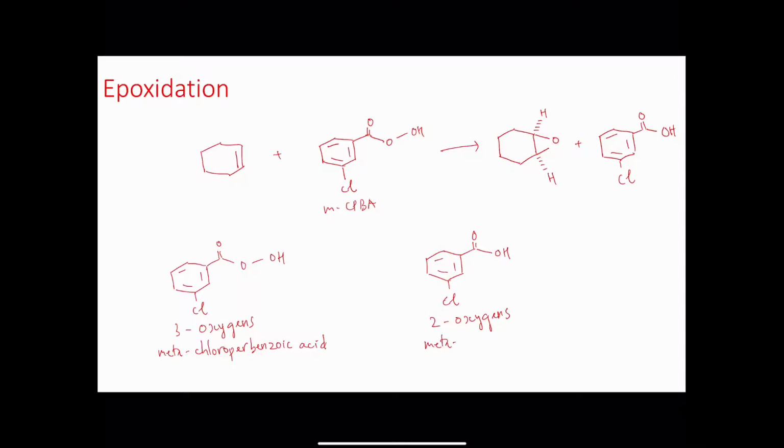So with this structure, we have the carboxylic acid, or in this case, metachlorobenzoic acid. So this is the difference between percarboxylic acid and carboxylic acid. Three oxygens for percarboxylic acid and two oxygens for the normal carboxylic acid.